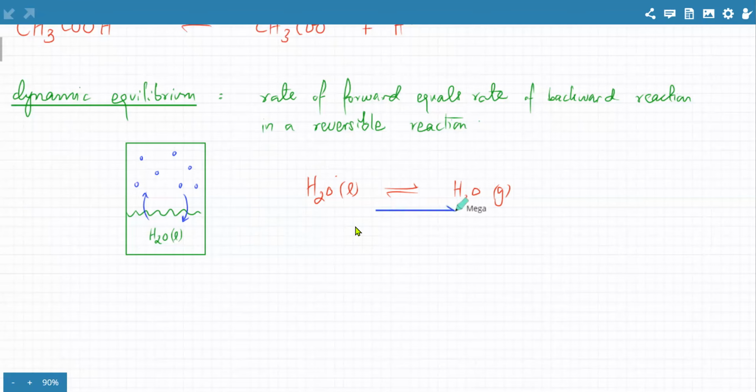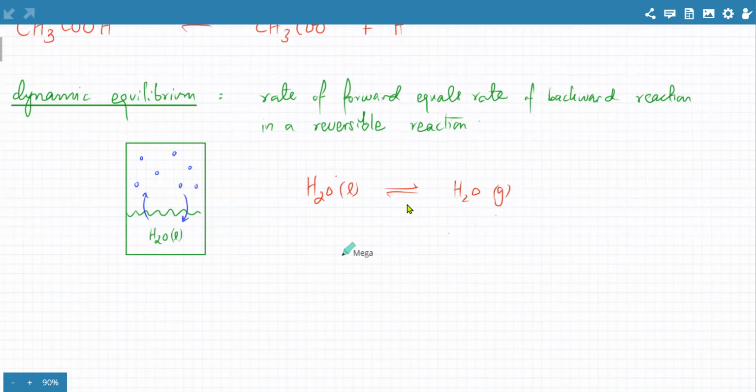If you decrease the temperature, the equilibrium position would move to the left. And if there are equal quantities of vapor and liquid at the same time, then the equilibrium position would be somewhere in the middle. Is that clear?